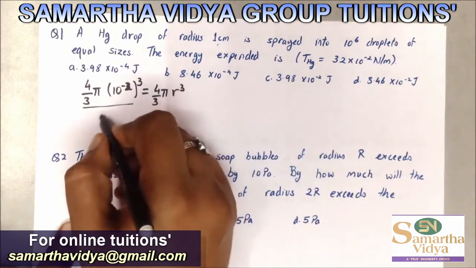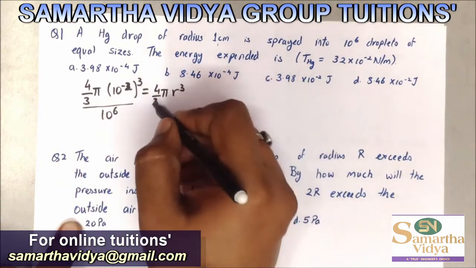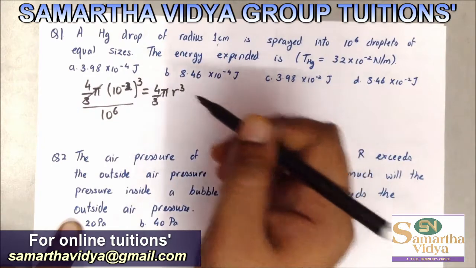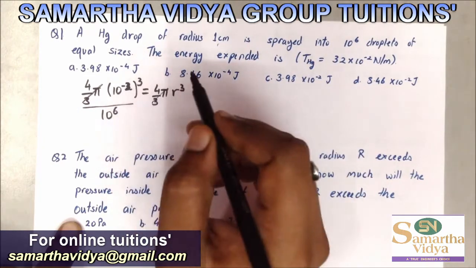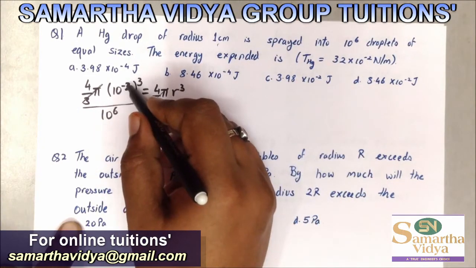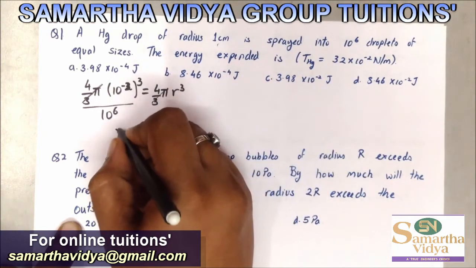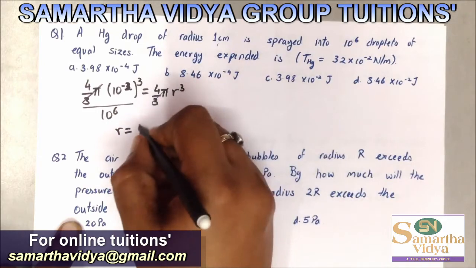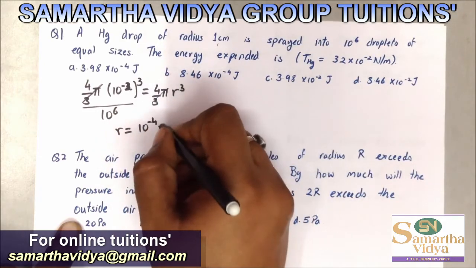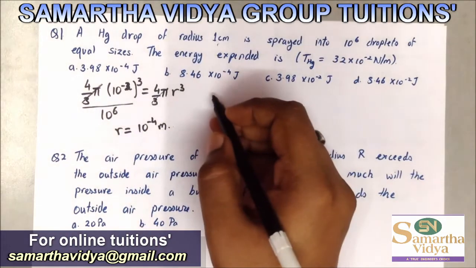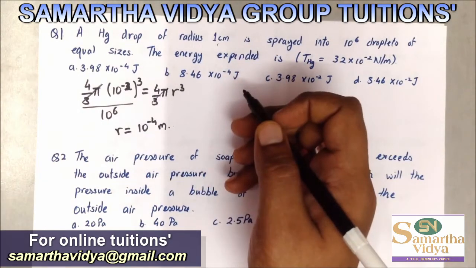So we can divide by 10 raised to 6. So 4 by 3 pi gets cancelled out. This becomes 10 raised to minus 6, and from this becomes 10 raised to minus 12. So r cube is 10 raised to minus 12, and we are getting r equal to 10 raised to minus 4 meters.